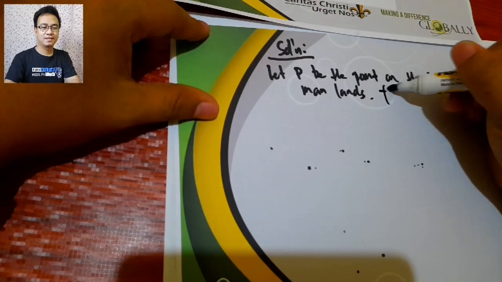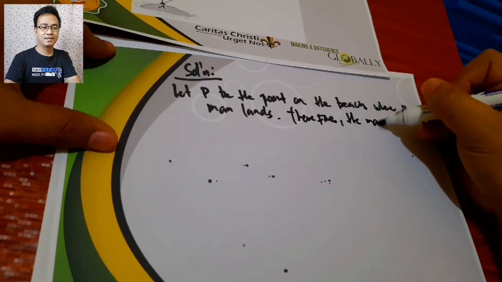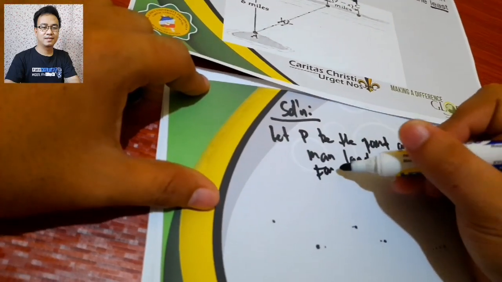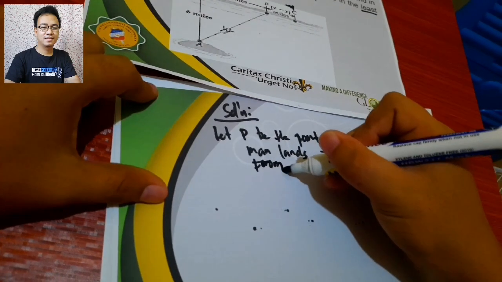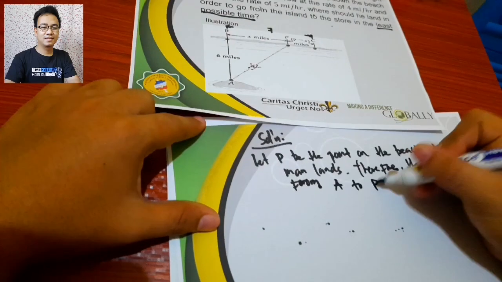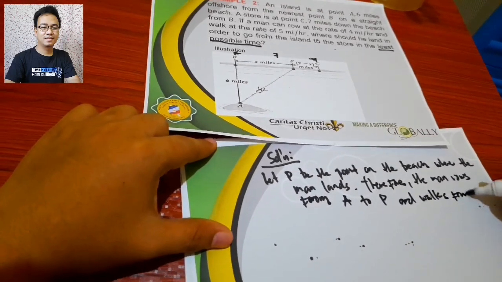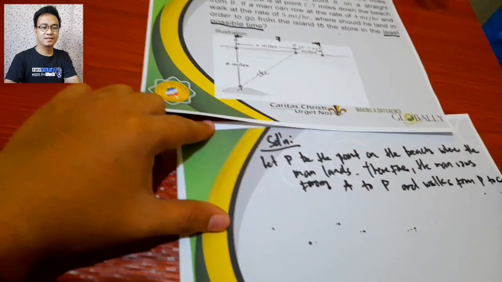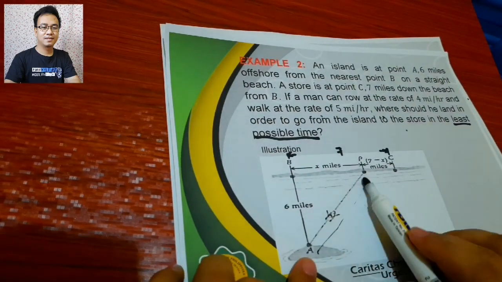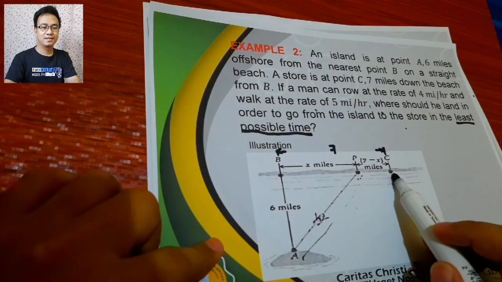So therefore, the man rows from point A to point P, and then the man walks from P to C. And that is illustrated in this one. A man from point A, rows to point P, then lalakad siya, papunta siya sa store.